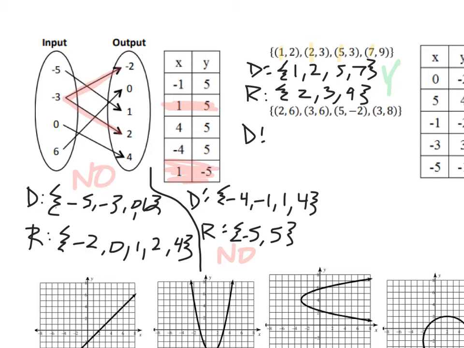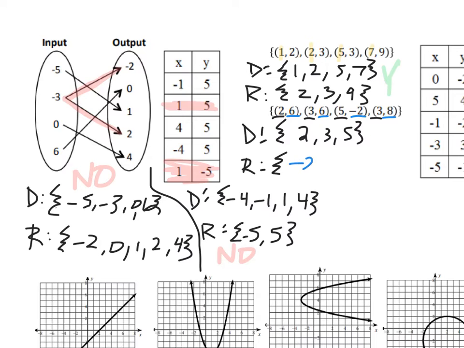Domain and range. I'm going to do my brackets. So domain, I have 2, 3, 5, 3. So 2, 3. I don't need to repeat the 3. And 5. And then I have 6, 6, -2, 8.